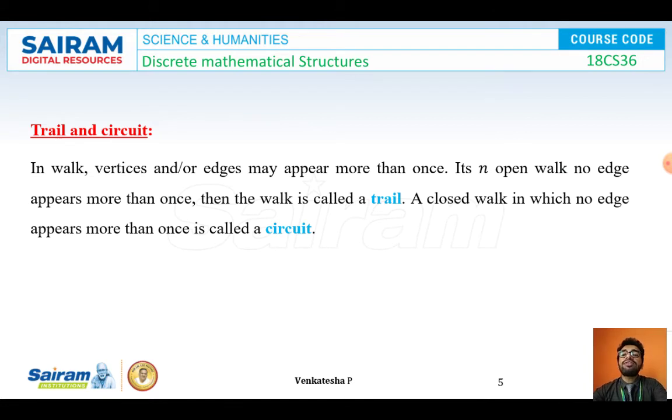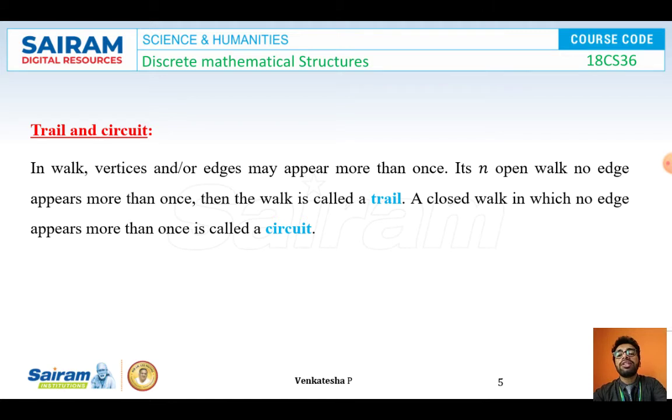Next is trail and circuit. In a walk, vertices or edges can appear more than once. I'm taking an open walk in which no edge is repeated; that kind of walk will be called a trail. That is, no repeated edges must be there in that particular walk.